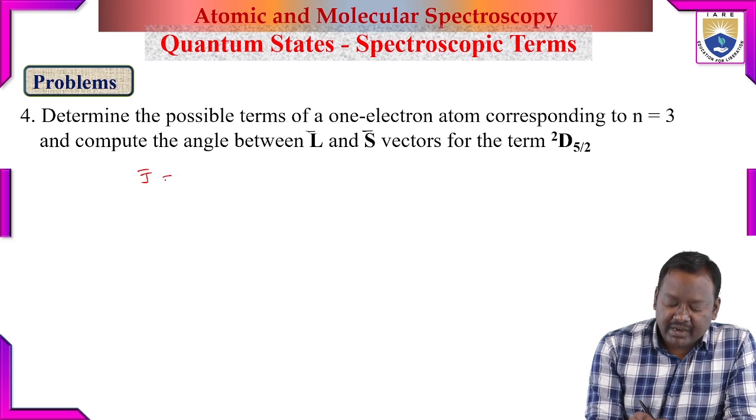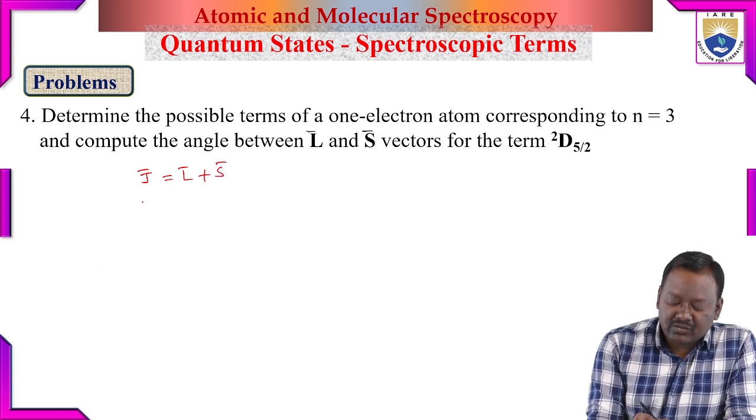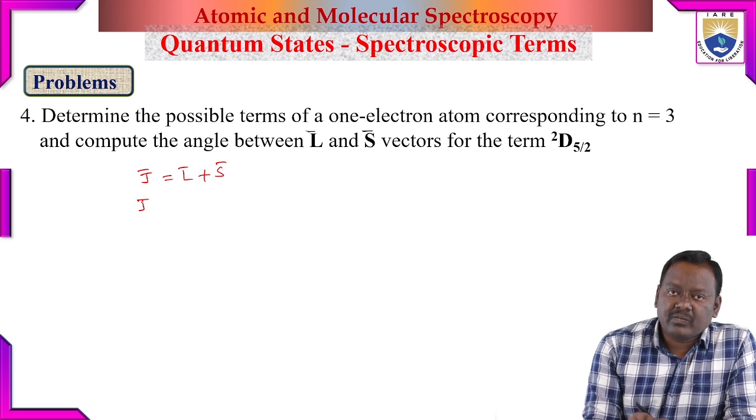This vector can be represented as the vector summation of L bar and S bar, and whenever we square both sides of this equation, we get the magnitude of J bar squared, which is equal to (L bar plus S bar) whole square.